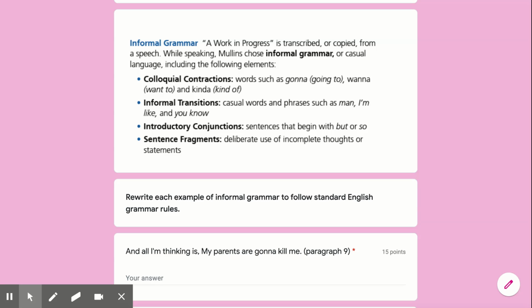You remember, we've already done a lesson on colloquial contractions, so you should be familiar with what they are and what they mean. Informal transitions, casual words and phrases such as man, I'm like, and you know, introductory conjunctions, sentences that begin with but or so, sentence fragments, deliberate use of incomplete thoughts or statements.